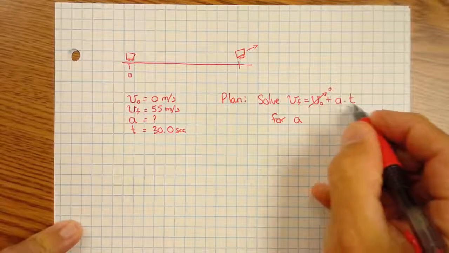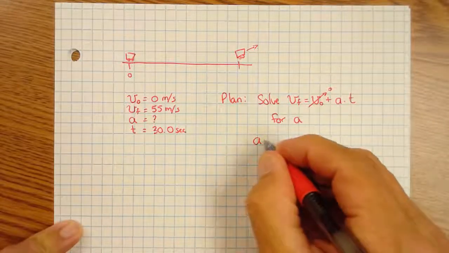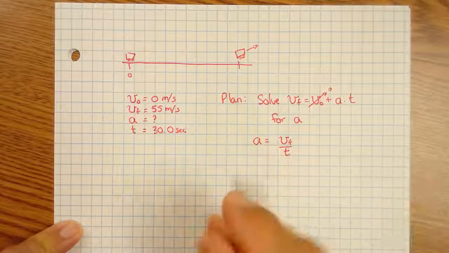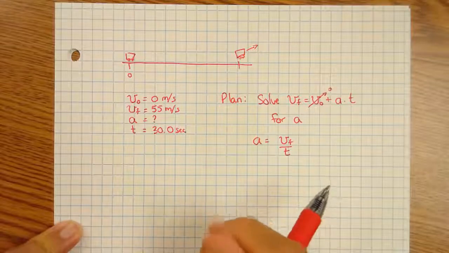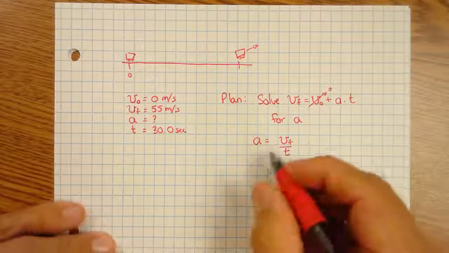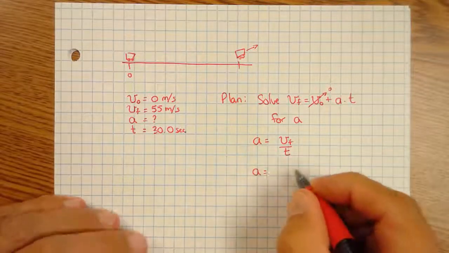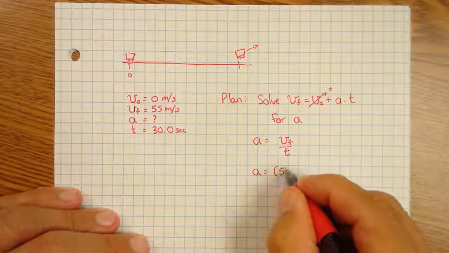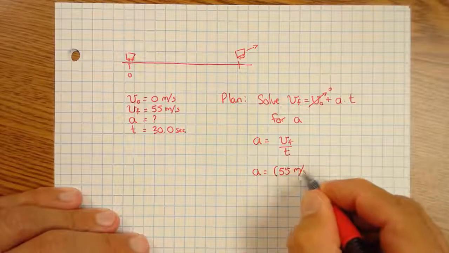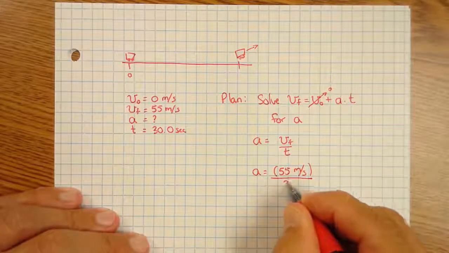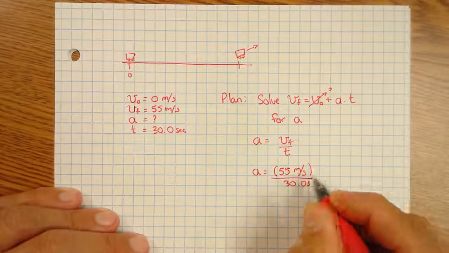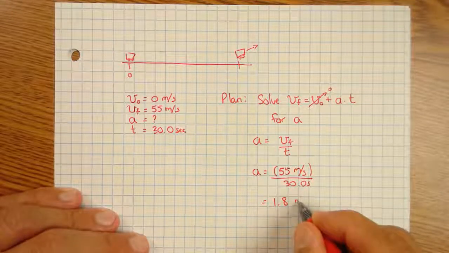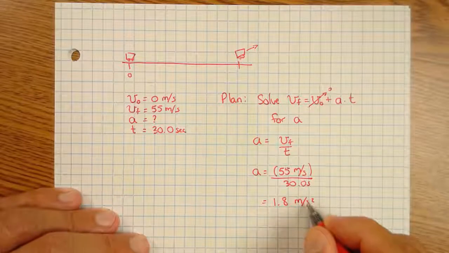When I solve this for a, I'm going to divide both sides by t, and I'll get a equals the final velocity divided by the time. That's what we call an algebraic solution. Now I'm going to evaluate it numerically, and so I'll get 55 meters per second divided by 30.0 seconds, which is 1.8 or so meters per second squared.